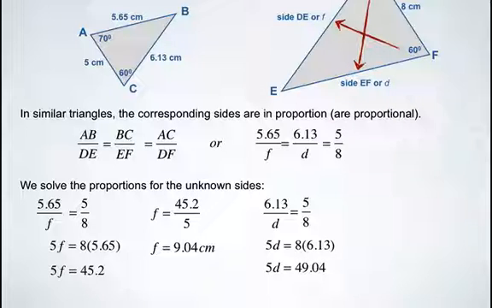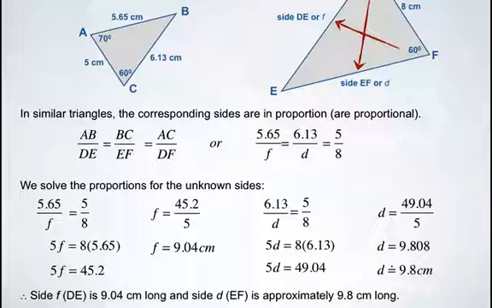Simplifying this, you get 5d equals 49.04. And when you divide both sides by 5, again the number in front of d to isolate it, you get d equals 9.808. Or we could round that to be about 9.8 centimeters.